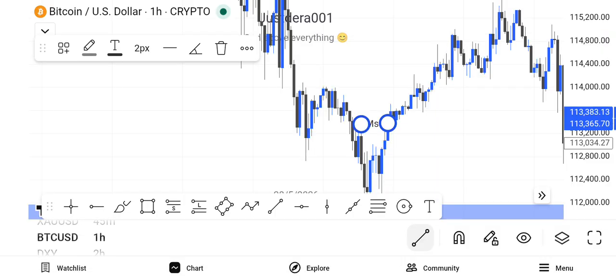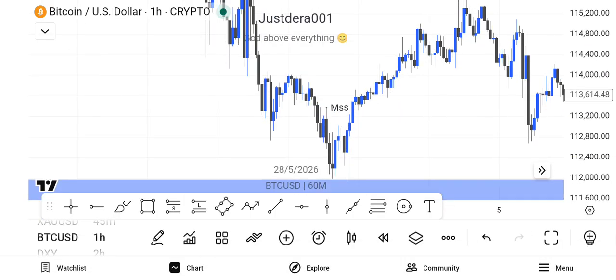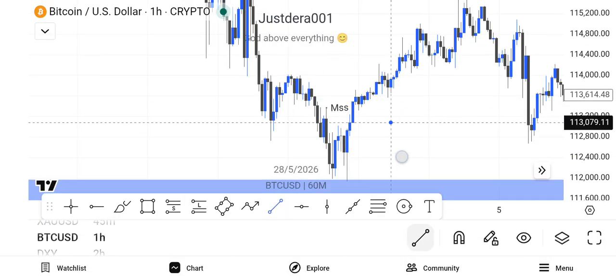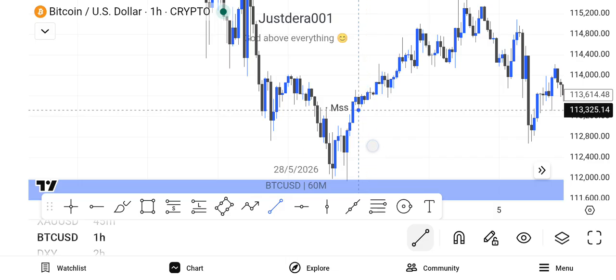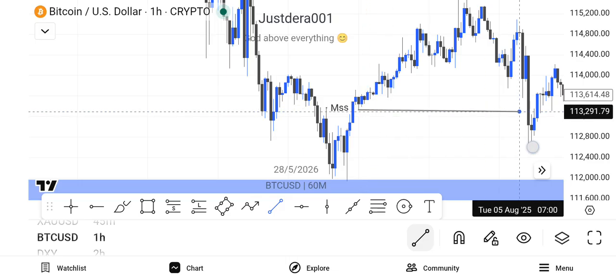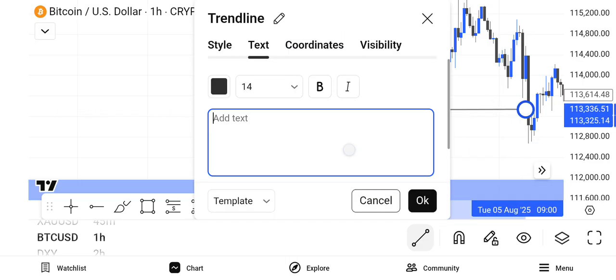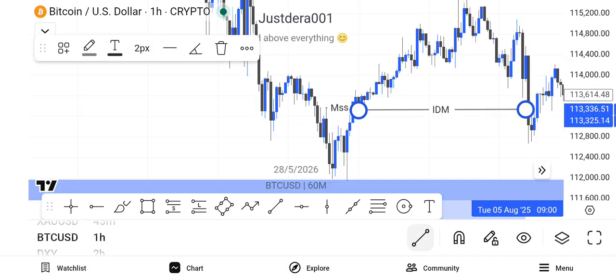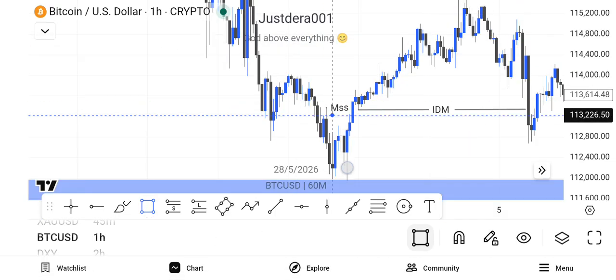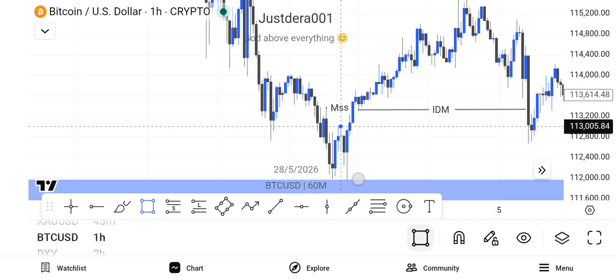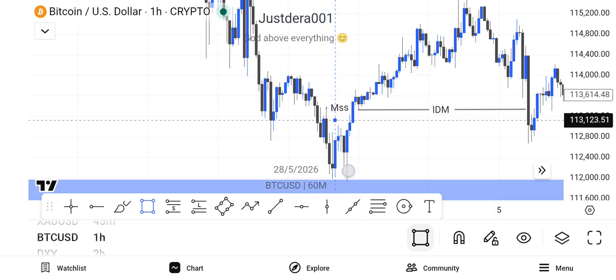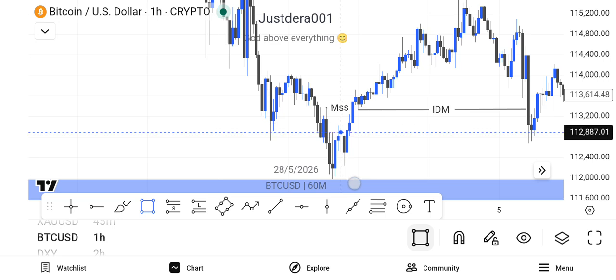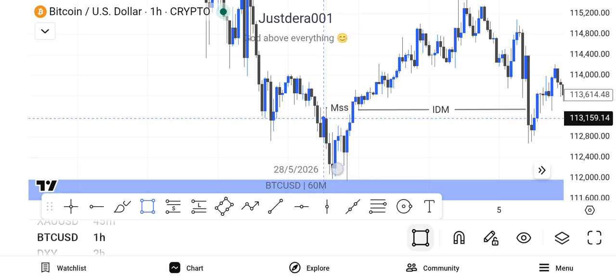Maybe some of you call it change of character, depending on what you call your own. It's still the same. Then here is the inducement that was protecting the level. After this inducement here, this breaker block and this other block are the zone closest to the inducement. So entry will come from this zone.